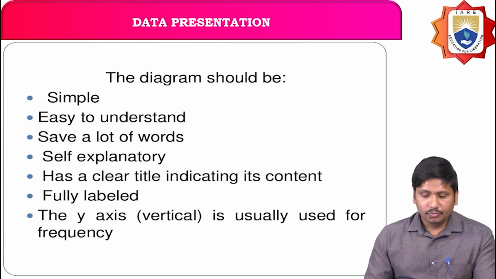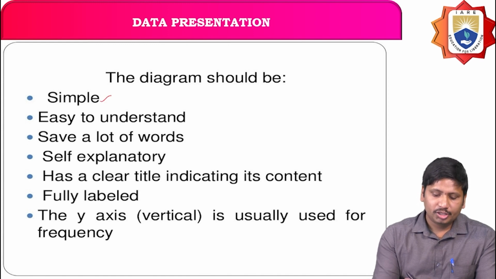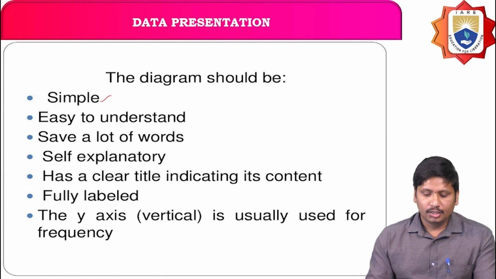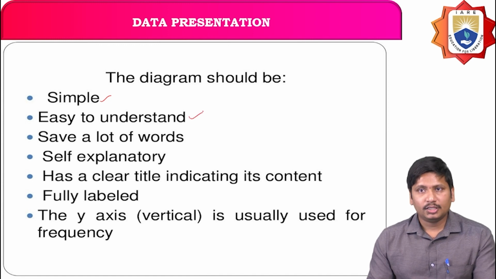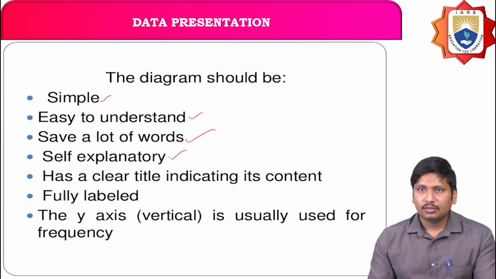Next, what precautions or conditions should you follow for preparing charts and diagrams? The diagram should be simple in nature, so we should not maintain complexities while creating it. It should be simple and easy to understand, so you can understand by seeing the diagram very easily, saving a lot of words, and self-explanatory.